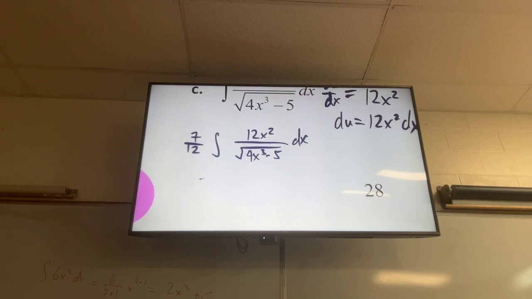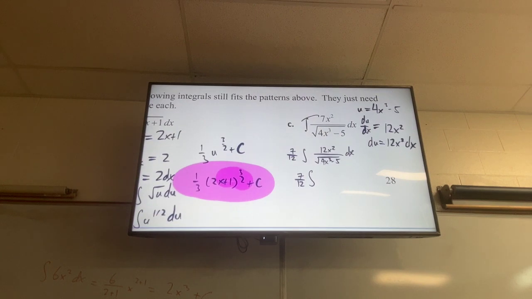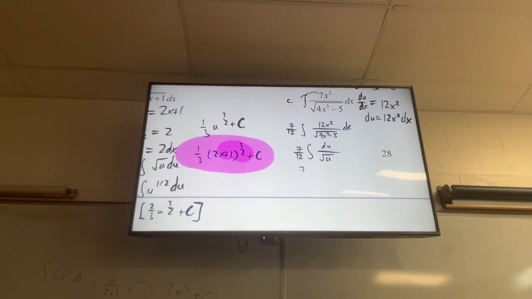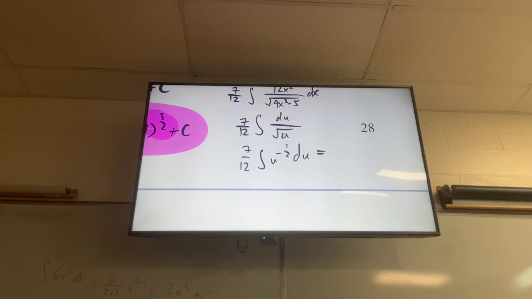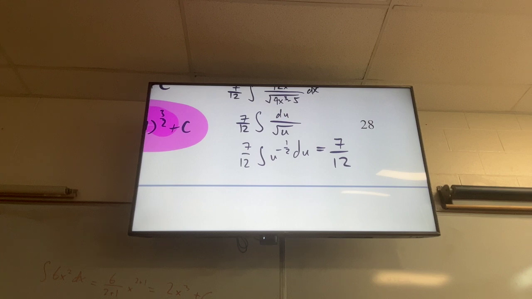So then this becomes 7 over 12 times the antiderivative of du over the square root of u. Let's rewrite that as u to the negative 1/2 du. And then let's do the antiderivative.